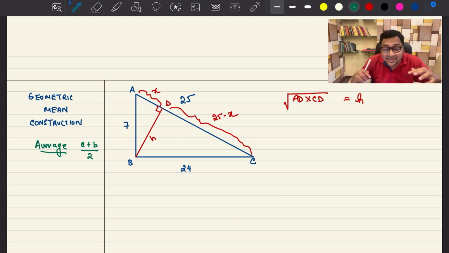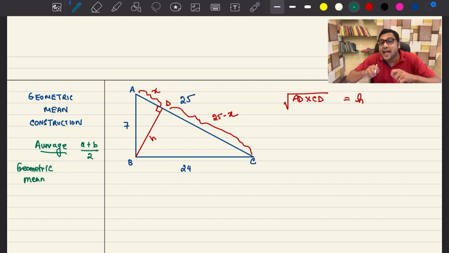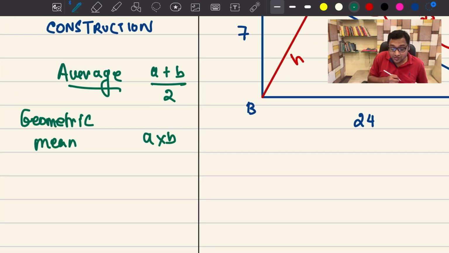One more is the geometric average, or geometric mean. In this particular case, instead of adding the 2 numbers, you multiply the 2 numbers. And instead of dividing by 2, you raise it to the power half.